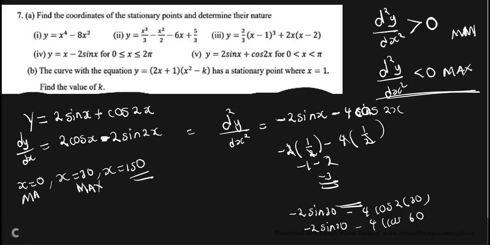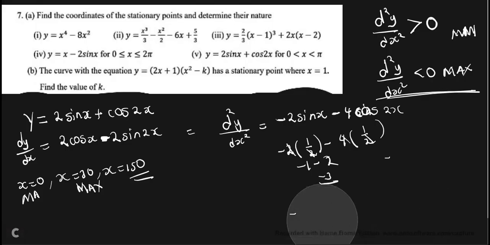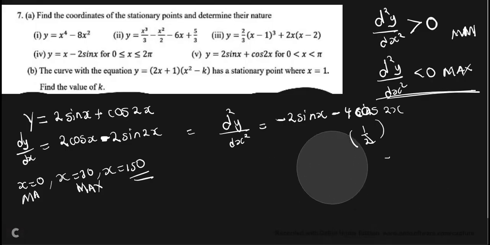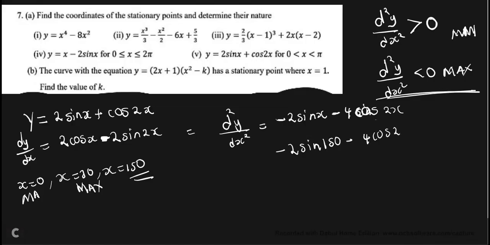Then you go to x equals 150. So you put negative 2 sine 150 minus 4 cos 300.